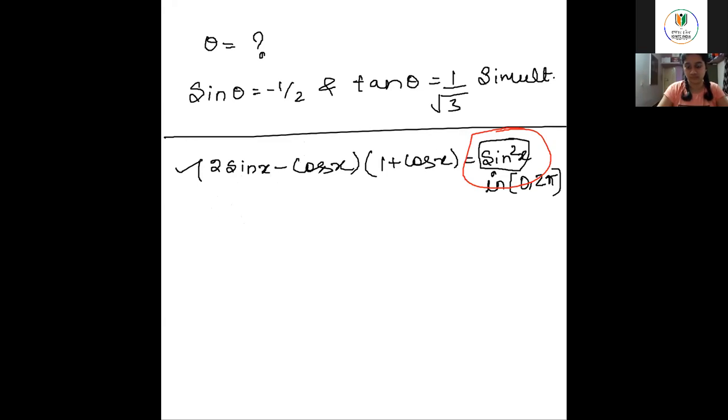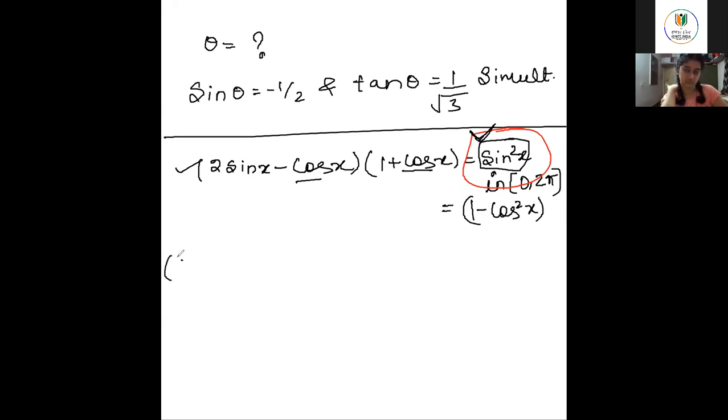Majorly I have cos on the left hand side, so I can convert this also into cos. Sine square x I can write as 1 minus cos square x. Now I can transfer this to the LHS.